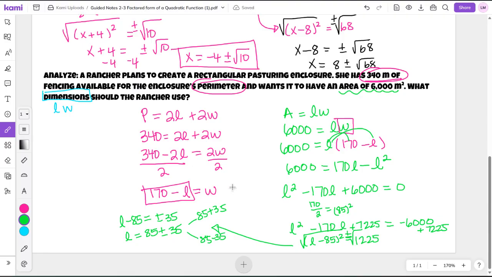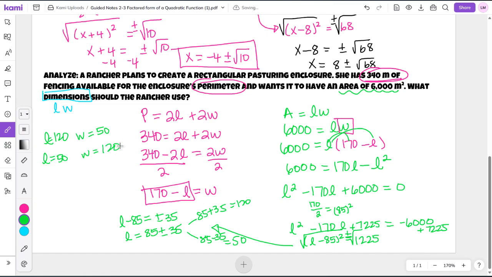So I have the length is 120 or the length is 50. And then I could take those and plug them in to either one of these two equations and solve for the width. So when the length is 120, the width is 50 when I plug that back in, and when the length is 50, the width is 120.